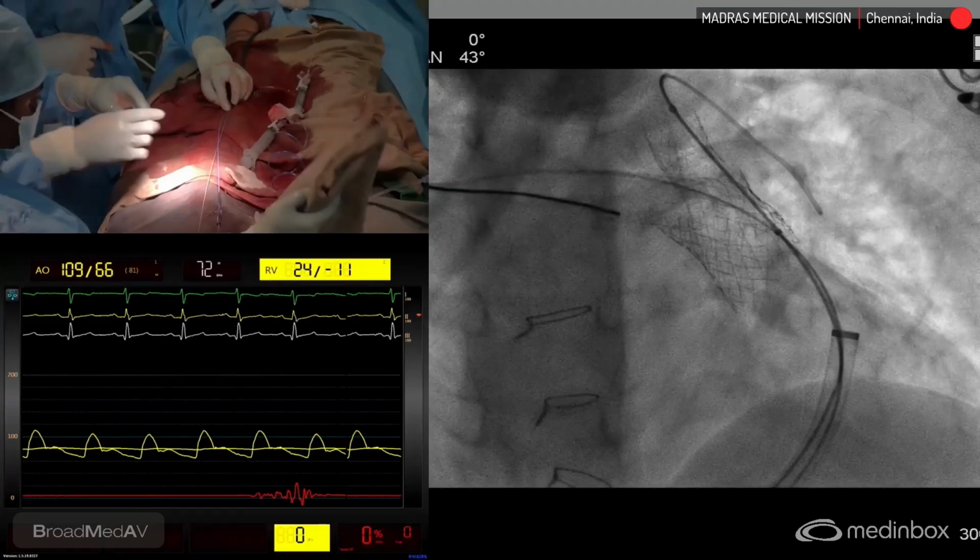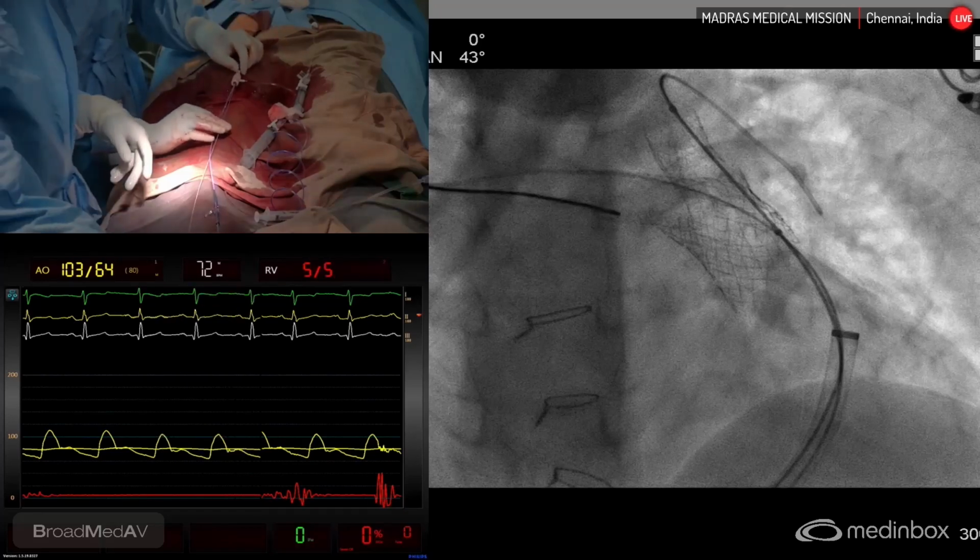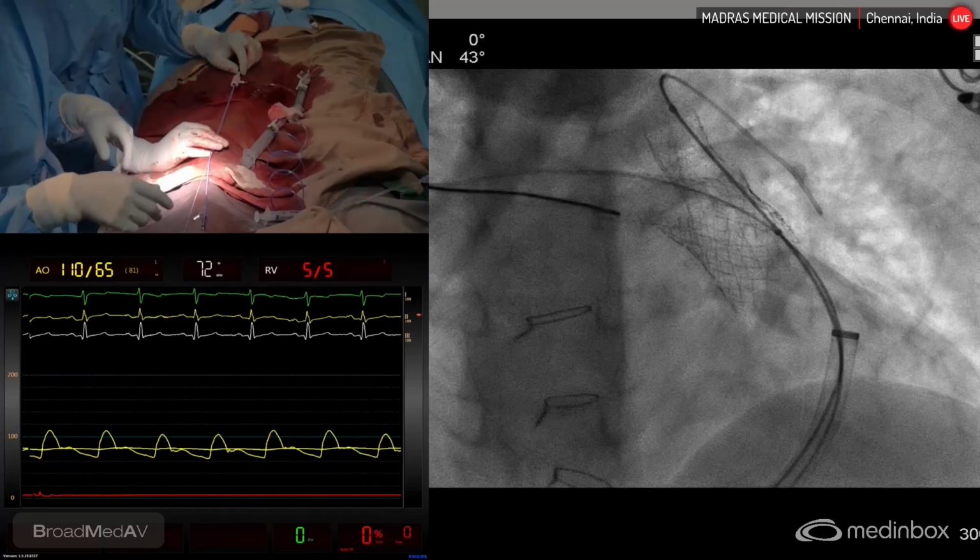Can you hold this balloon? Get me another Armada. Another Armada balloon.